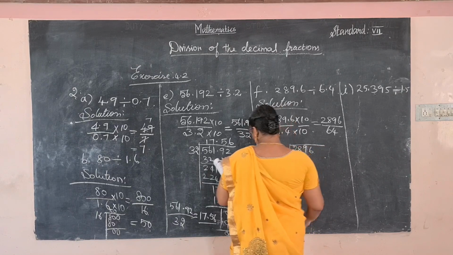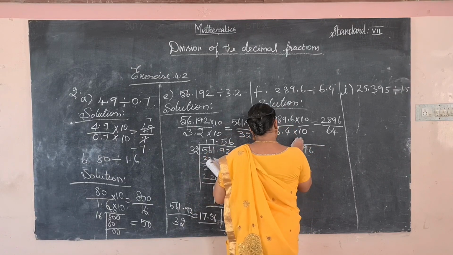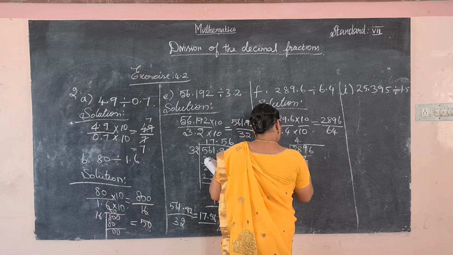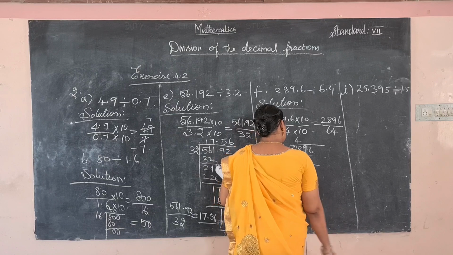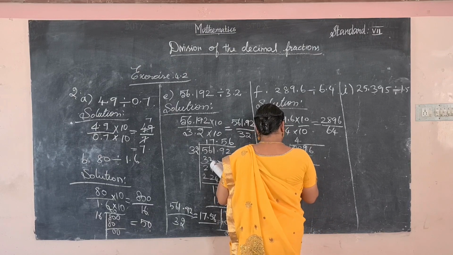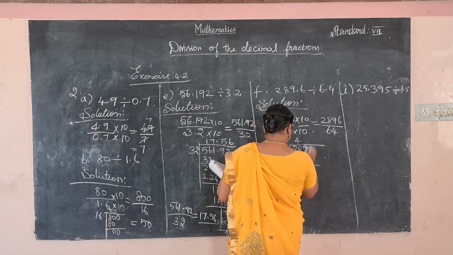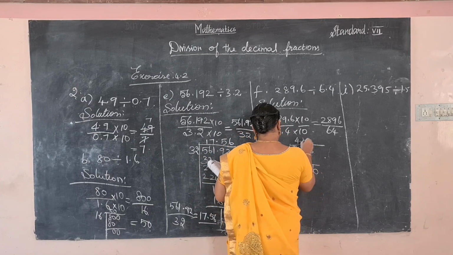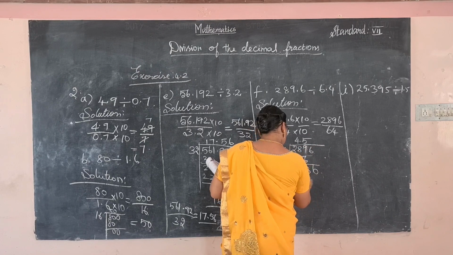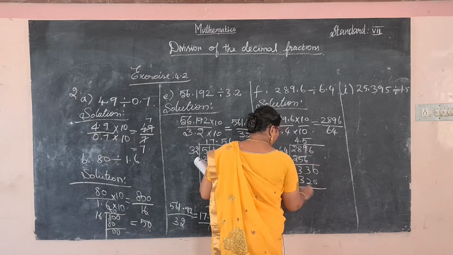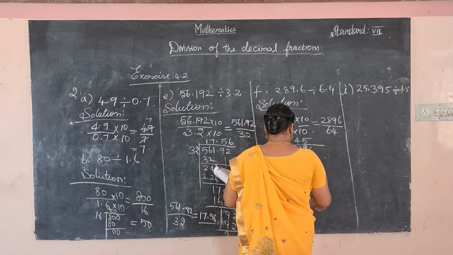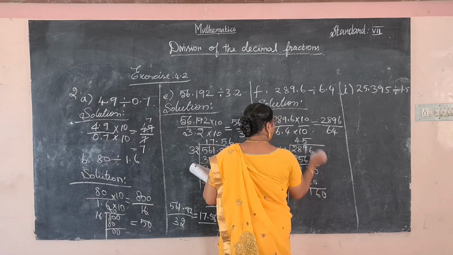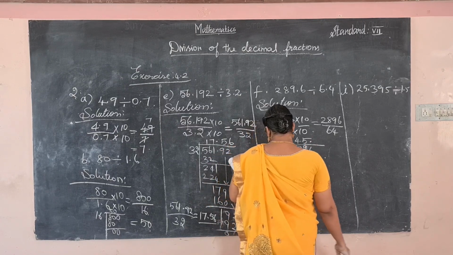Considering the first 3 digits, how many times? 4 times, 4 times 64 is 256. Subtract, bring down the 6. How many times? 5 times 64 is 320. Subtract, 16. Add 0 in the remainder, and in the quotient put the decimal point.